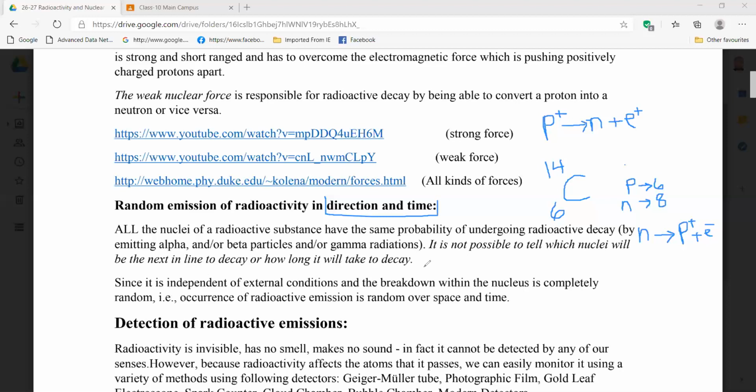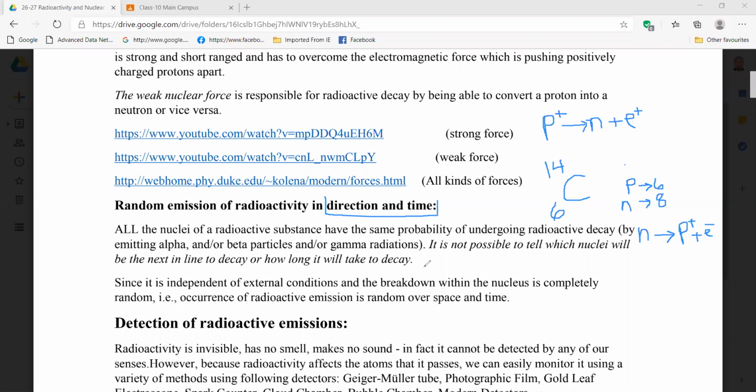Say we are taking one uranium sample of 5 grams or 10 grams. In this sample, there are lots of uranium atoms available. Out of those hundreds of thousands of uranium atoms, which one will first decay?